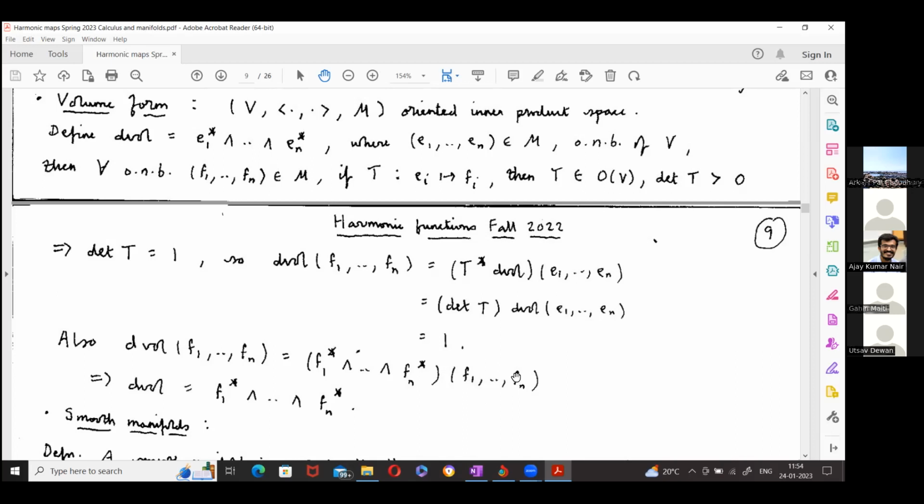And then because they're alternating n-forms, they must be equal, right? If they take the same value on some ordered basis, then by the alternating property, they will take the same value on any ordered basis, and therefore on any n-tuple of vectors. So they will be equal. So therefore, d-vol is equal to F1 star wedge Fn star. Is this okay?